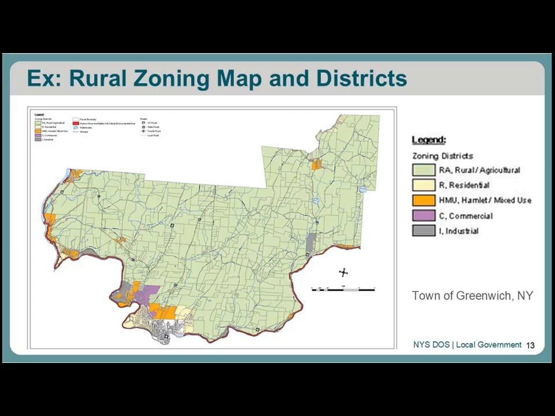So if you have a lot of open space, thinking holistically about what you want to see and not see is pretty important. So here in the town of Greenwich in Washington County, we have a small number of zones, about 5 or 6, which covers everything, and it's probably pretty easy to administer because it looks like really the southwestern part of the town is where you're seeing probably the most development, and it looks like it's the most densely developed as well.